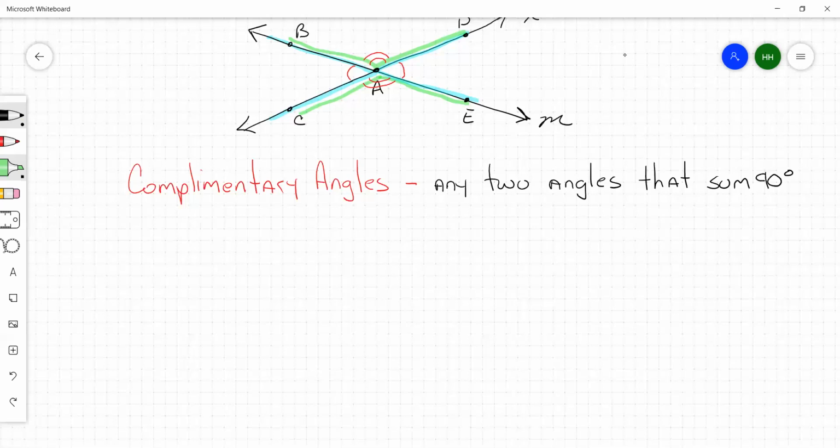So one example, if you draw a 90-degree angle, and now this angle isn't 90 degrees until we put the 90-degree symbol in there. Now it's 90 degrees.